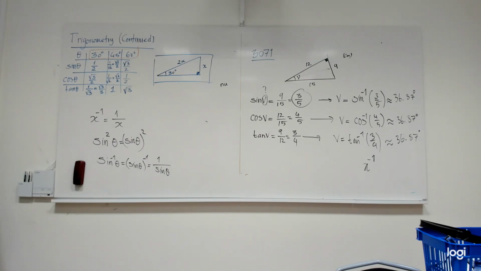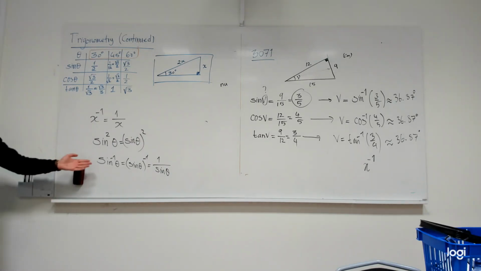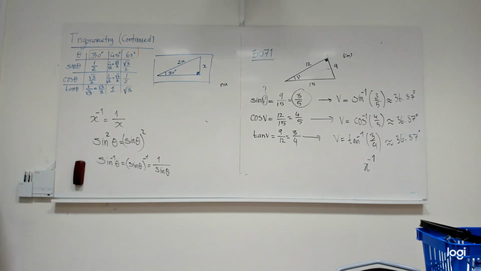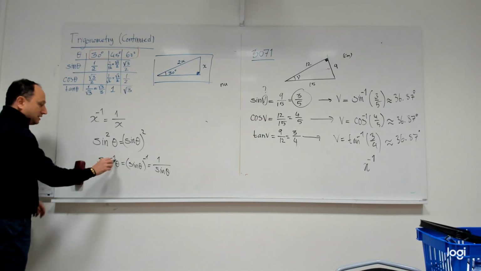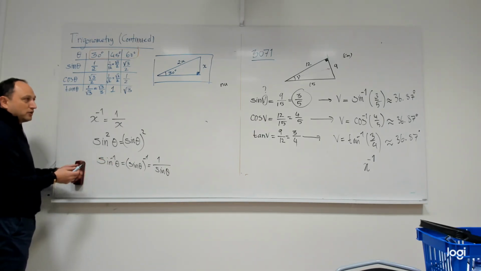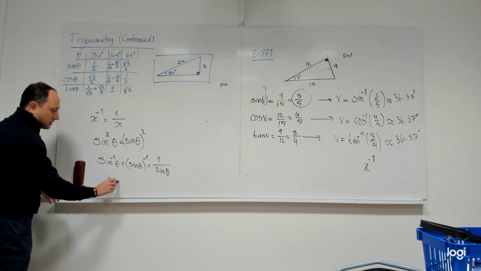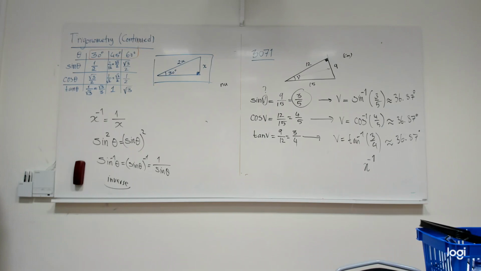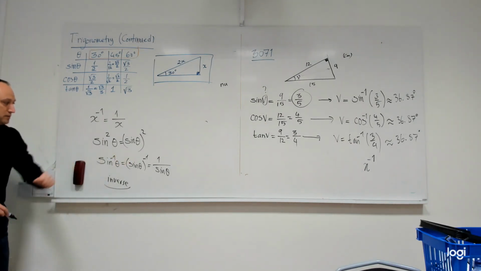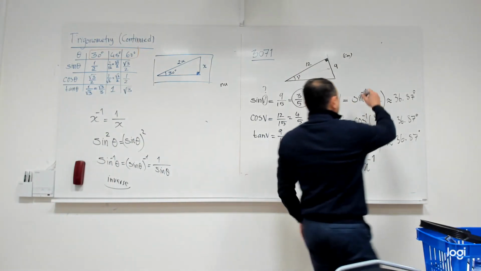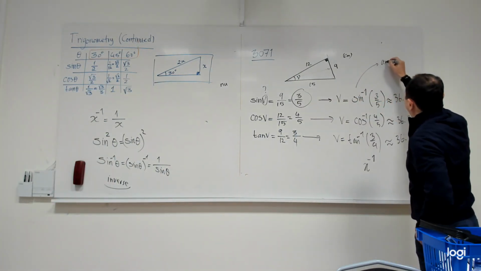Because usually in mathematics, we shouldn't be so careless about using the symbols and notations. The reason that the mathematicians have used this, because they talk about the inverse functions, which is a different story. But in some books, because this is a little bit problematic, they do not use this symbol. Instead of sine inverse, they write arc sine.